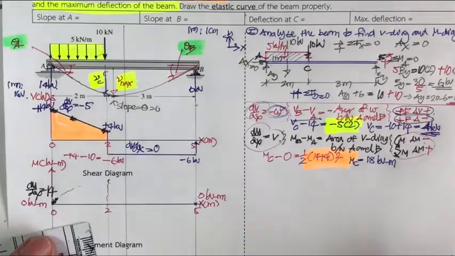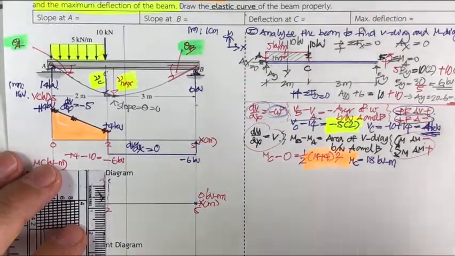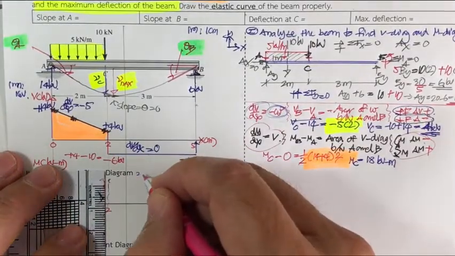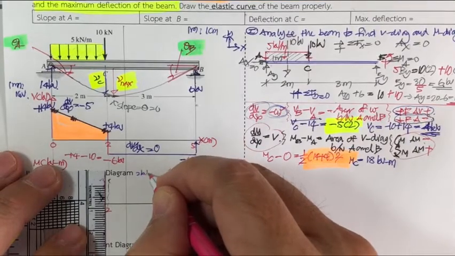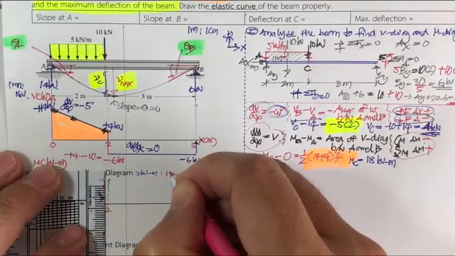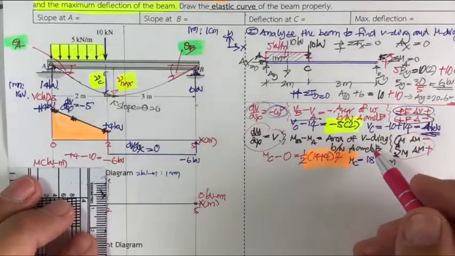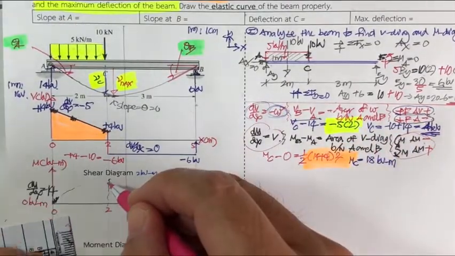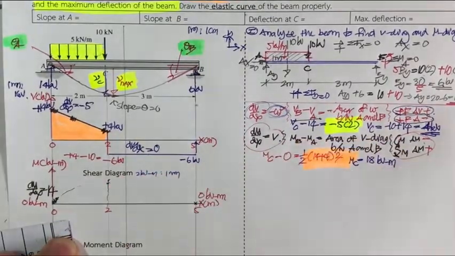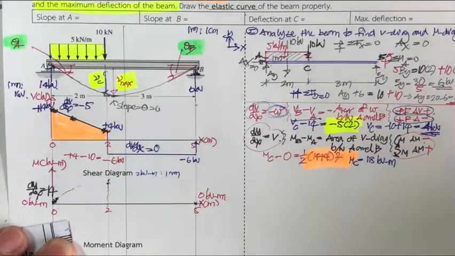Okay, so 18. Let's say we're going to have 2 kilonewton meter for 1 millimeter. 18 is 9 millimeter. So we have this for 9 millimeter, and this is going to be 18.